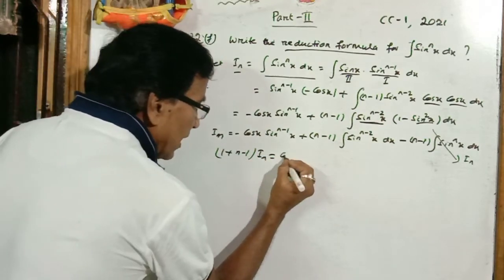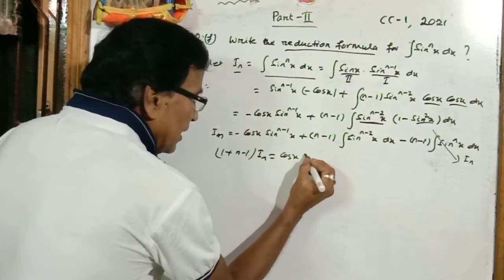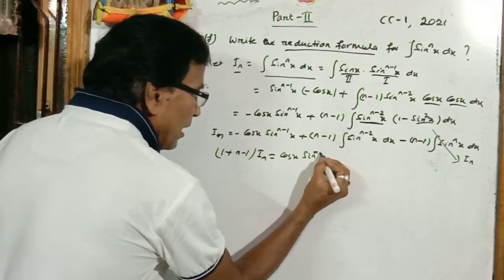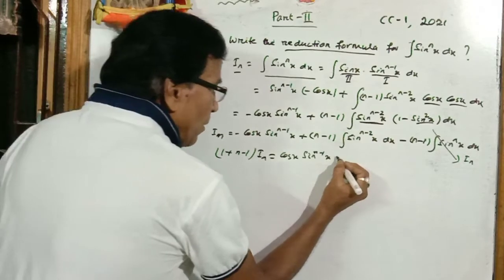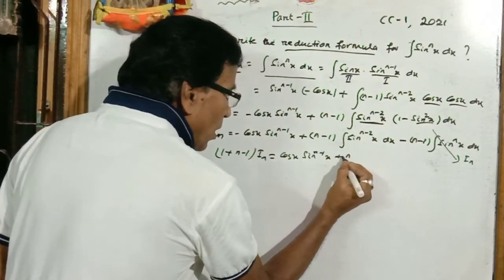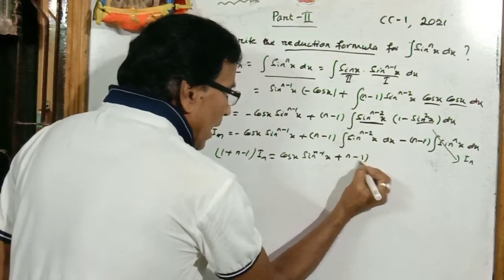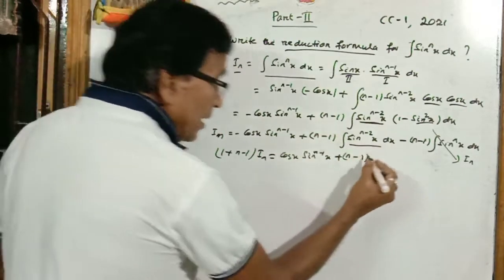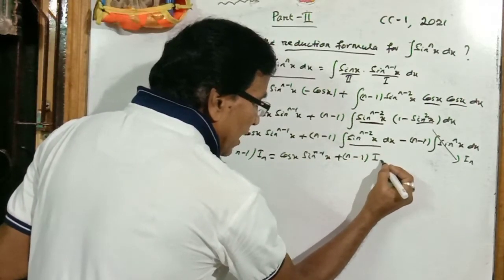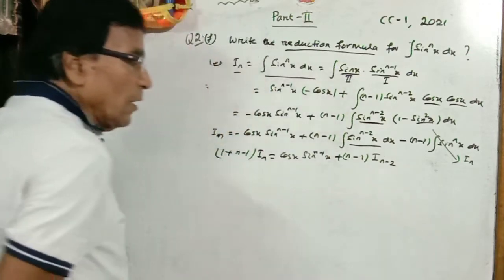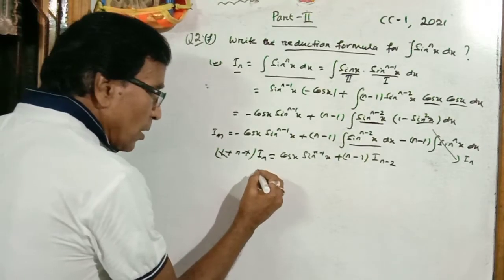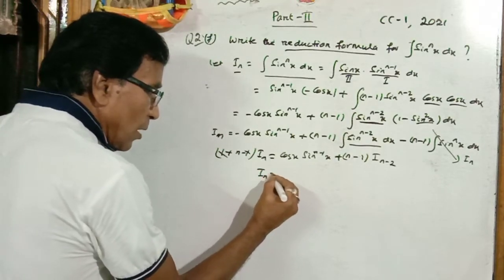is equal to minus cos x into sin^(n-1) x plus (n-1) and the integration of sin^(n-2) x can be written as I subscript n-2. So here 1 plus n minus 1 is n. Now I_n is equal to how much?